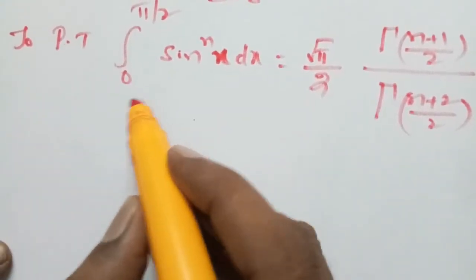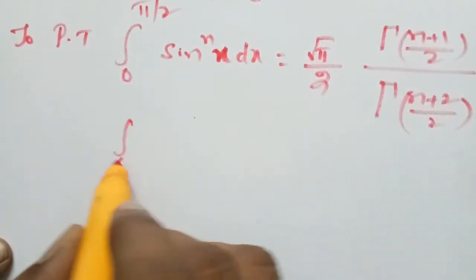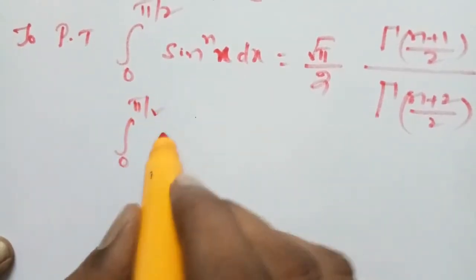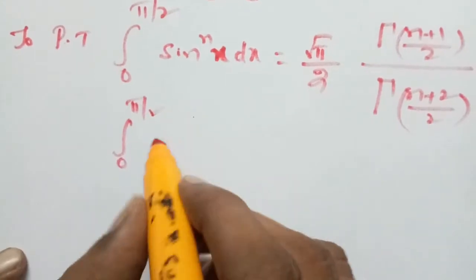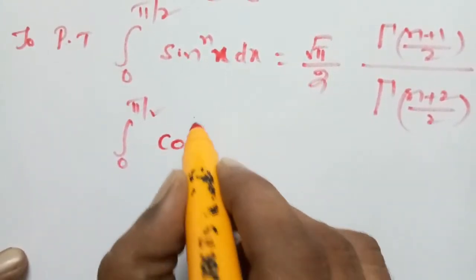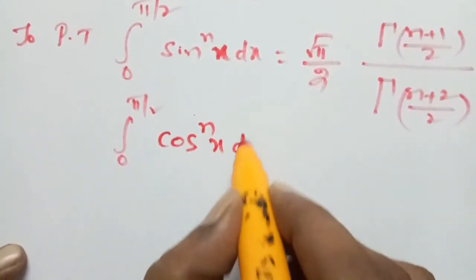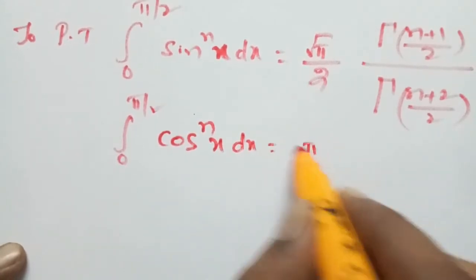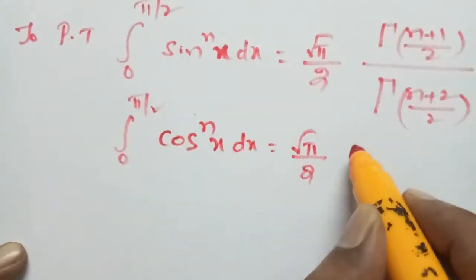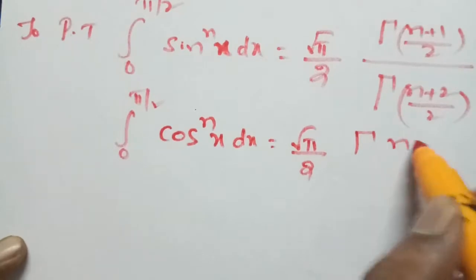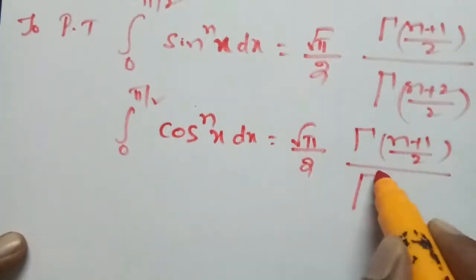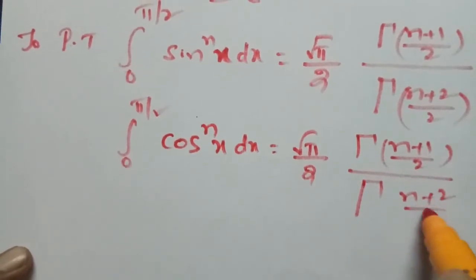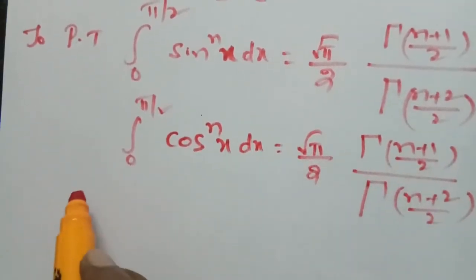And also integral 0 to pi by 2 cos to the power of nx dx is equal to square root of pi by 2 into gamma (n plus 1) by 2 by gamma (n plus 2) by 2.